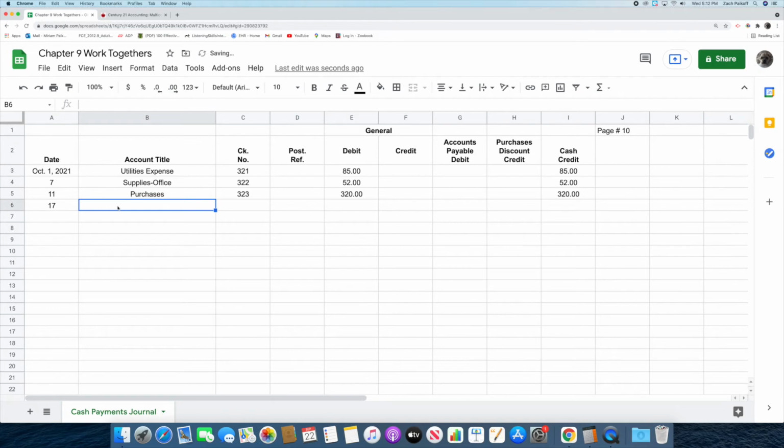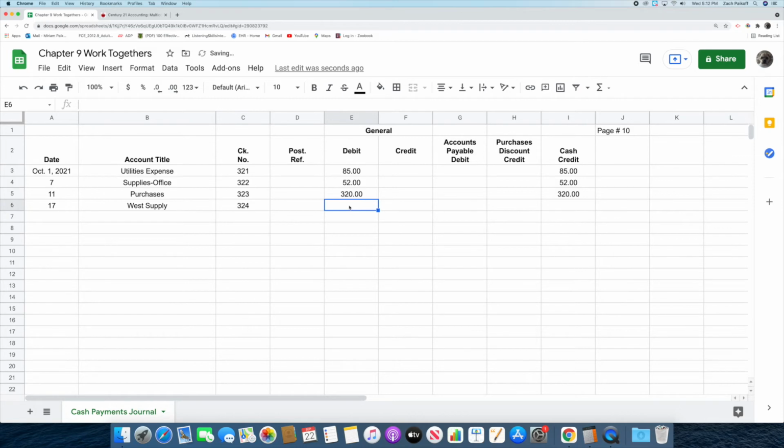Next, we're going to put in the account title, which is West Supply, in the account title column. After that, we're going to put in the check number, which is 324, in the check number column.